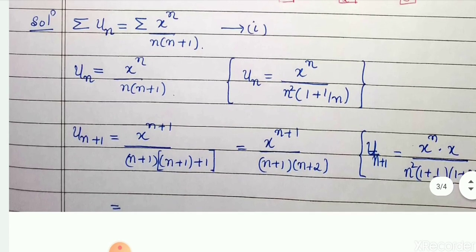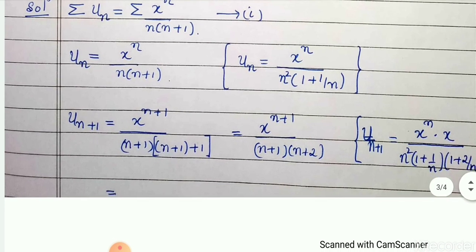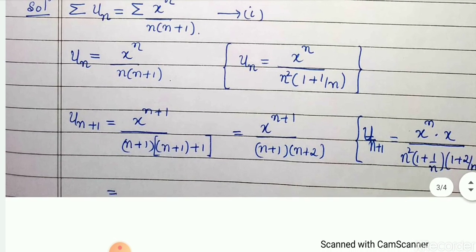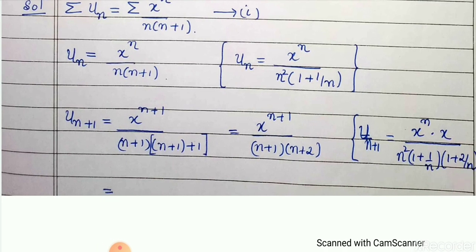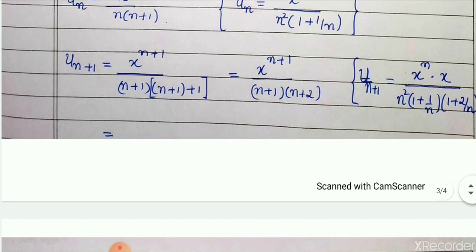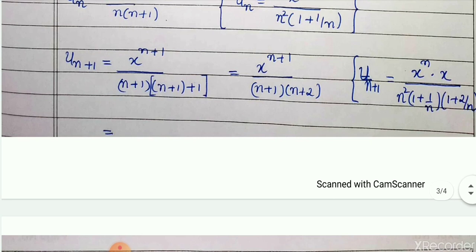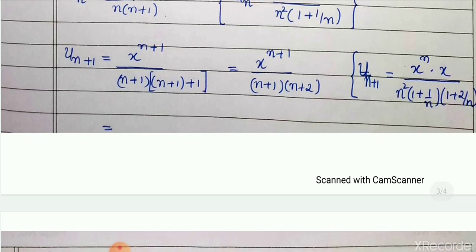Okay, in this example I have simplified un here itself in that flower bracket. You have to take n common, so it becomes n square into 1 plus 1 by n in the denominator. Un plus 1 also I have written. Okay, I have mentioned the simplification. I have put all the terms in 1 by n form because you are going for D'Alembert's ratio test.